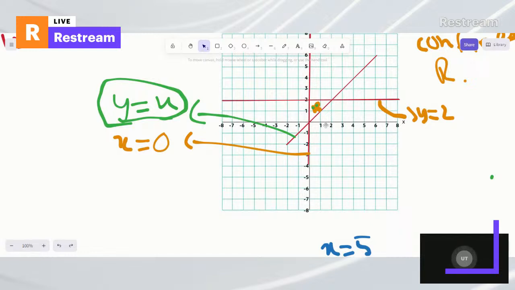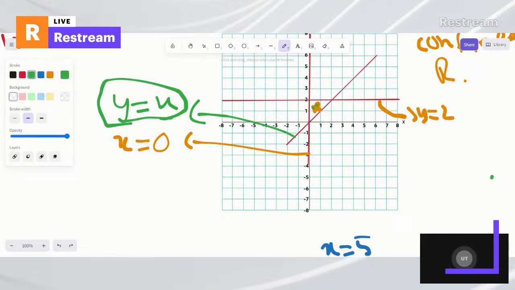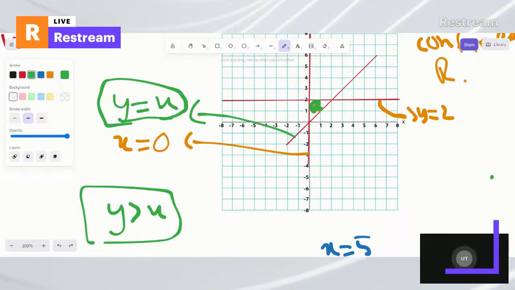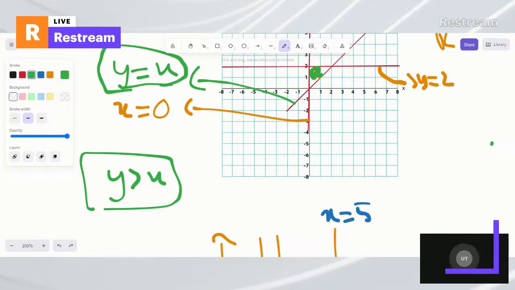All right. So far, what I've seen is that this region R is above this line, right? So I'm going to write down an inequality that y is greater than x. If it were lower than this line, I would have said y is less than x.